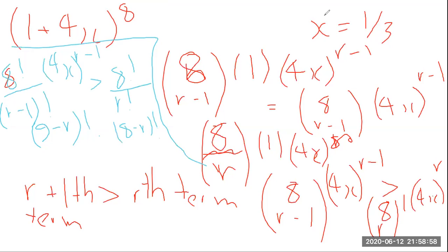We can cancel off the 8 factorials on both sides.